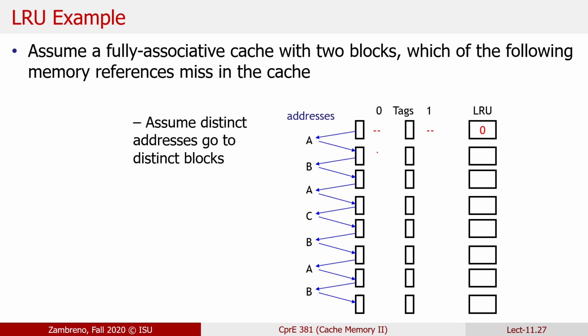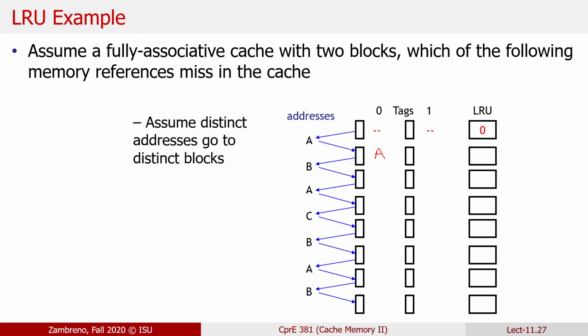We would then have A in the cache there. The main difference now, if this was a direct map cache, we would be done. A came in, we put A somewhere, we are done.